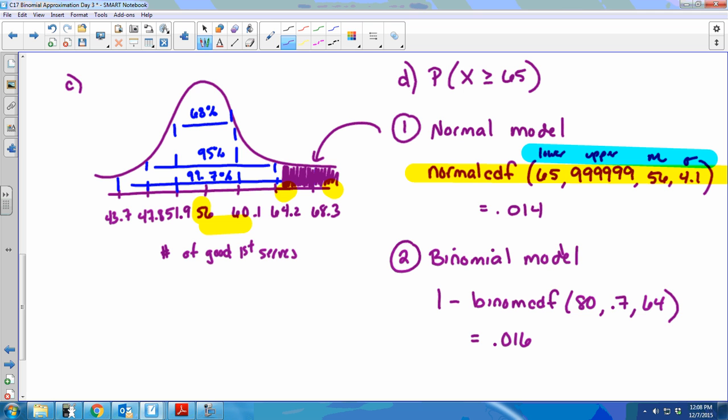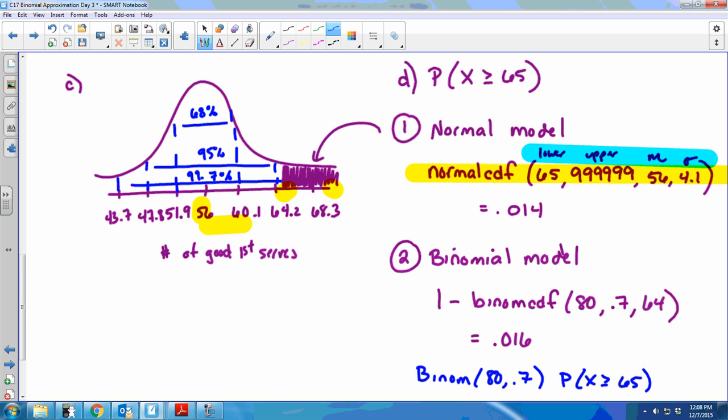So if you had to write out your work, you would need to draw the picture, shade in, and find a probability for the normal model, or you would need to write out that you're using the binomial model with a mean and standard deviation with 80 trials so that you could calculate the probability. You would need to use this notation, just showing what model you're using so that they knew what you were doing. Both of those are the correct answer.